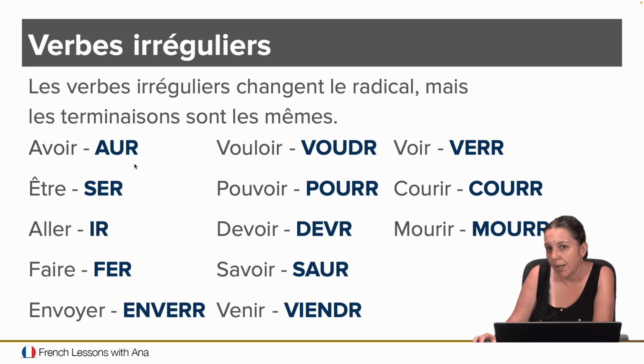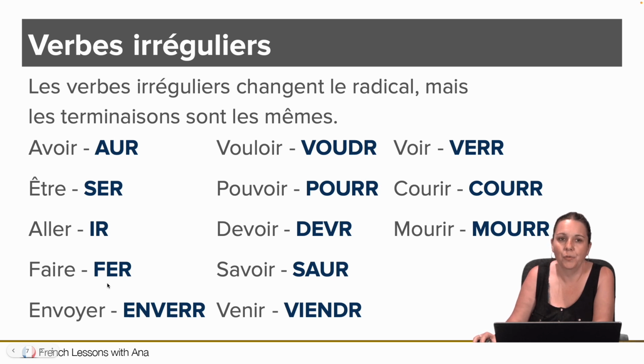J'aurais, tu aurais, il aurait, etc. Être, our lovely être, which is always irregular, becomes ser, right? S-E-R. So you're going to say serais, serais, serait, etc. Aller looks like an ending, right? Becomes IR, I-R. And then it becomes irais, irait, etc., right? Faire, it kind of sounds the same, faire, right?